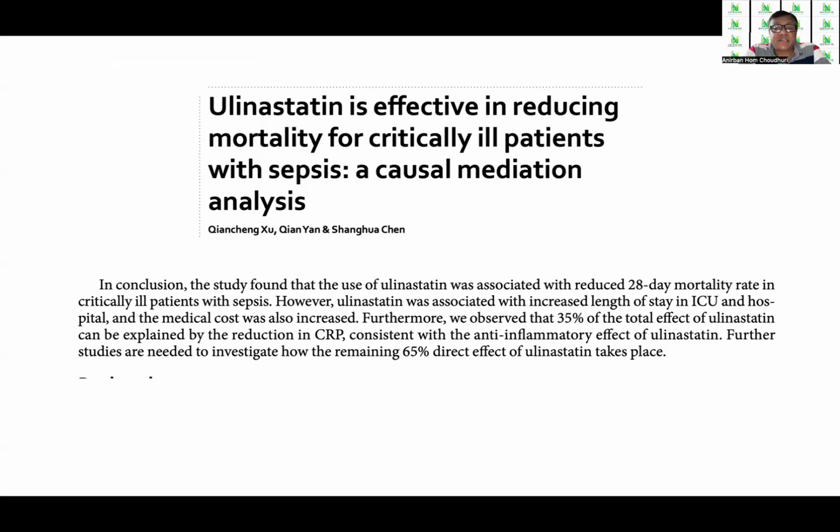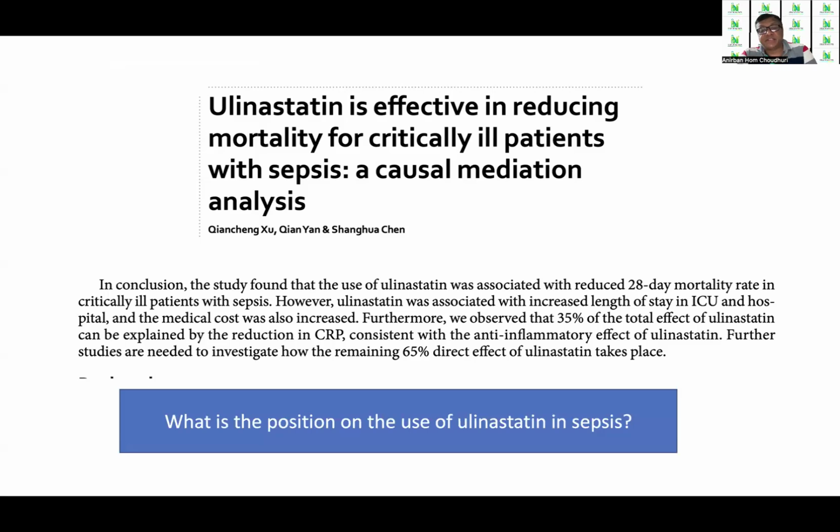However, ulinastatin was associated with increased length of stay in ICU and hospital, and the medical cost was also increased. Furthermore, 35% of the total effect of ulinastatin can be explained by the reduction in CRP, consistent with the anti-inflammatory effect of ulinastatin. So all of these seem to be a favorable response to the use of ulinastatin.